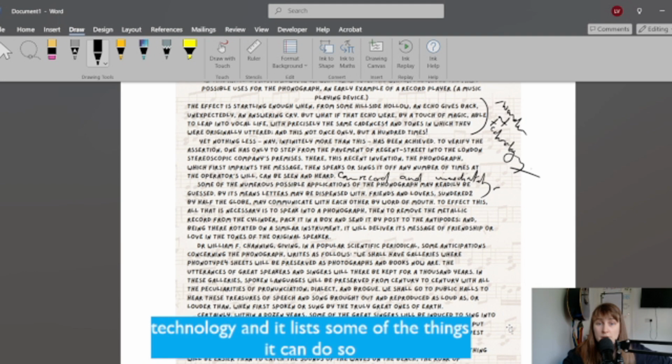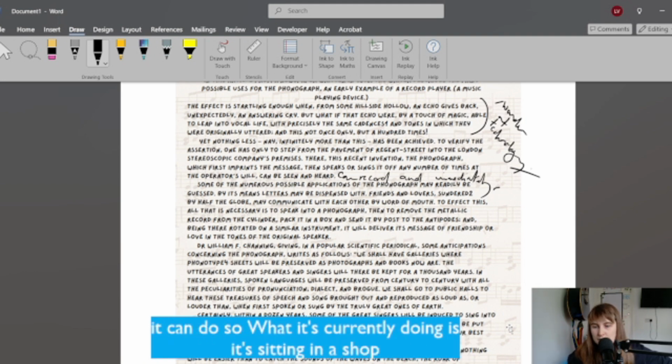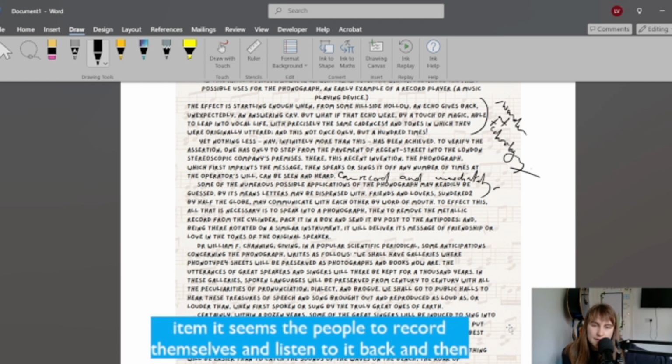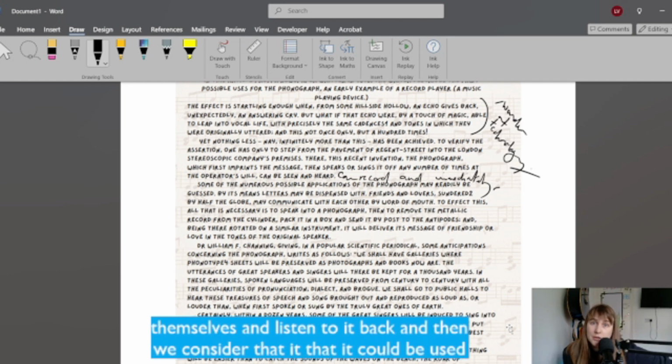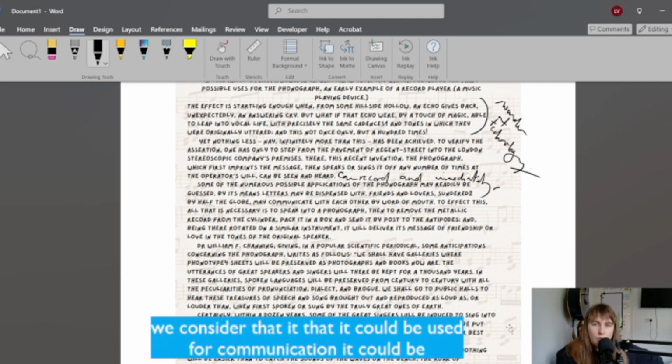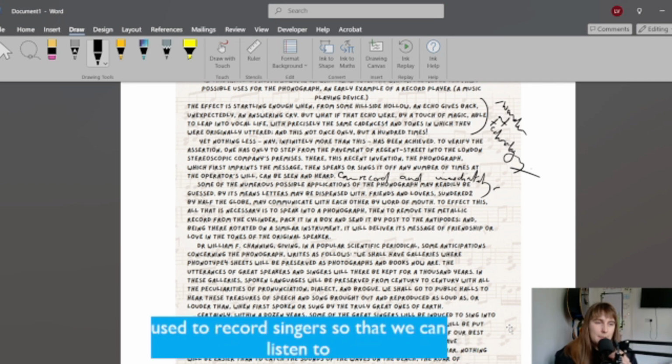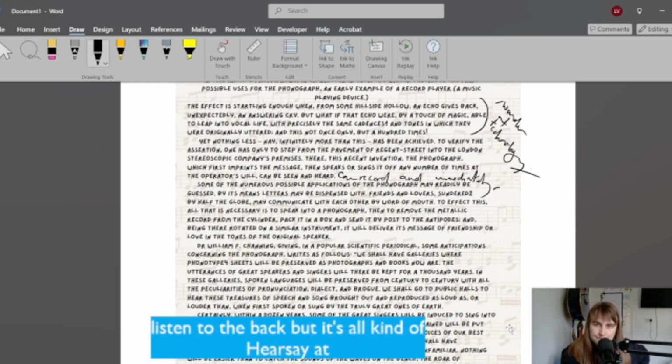So what it's currently doing is sitting in a shop, almost as a display item, it seems, for people to record themselves and listen to it back. And then we consider that it could be used for communication, it could be used for preserving voices for historical purposes, and then they consider it could be used to record singers so that we can listen to them back. But it's all kind of hearsay at the moment.